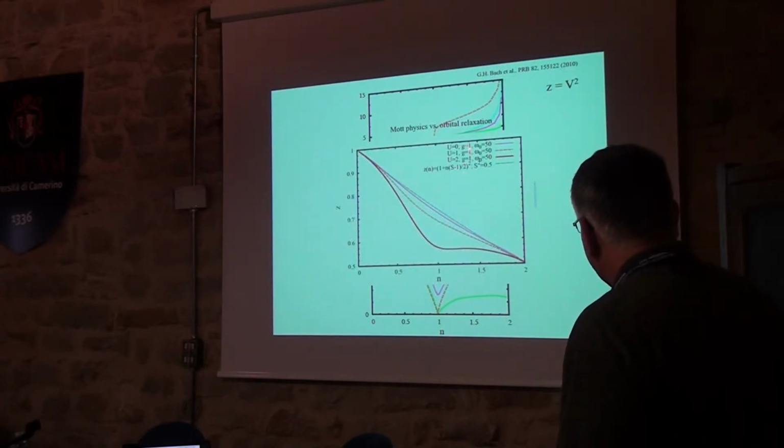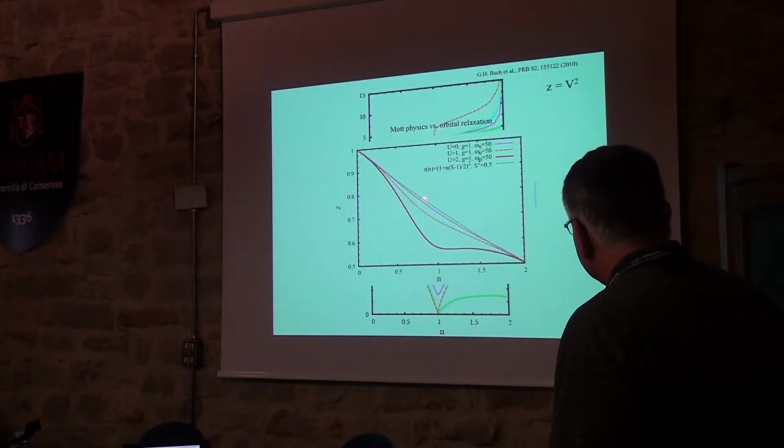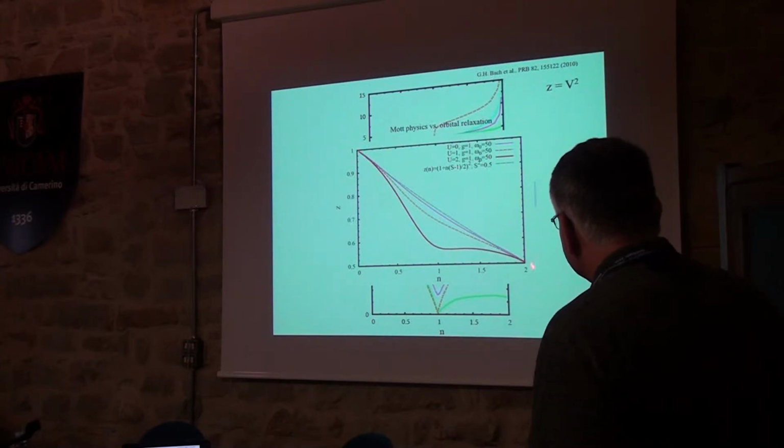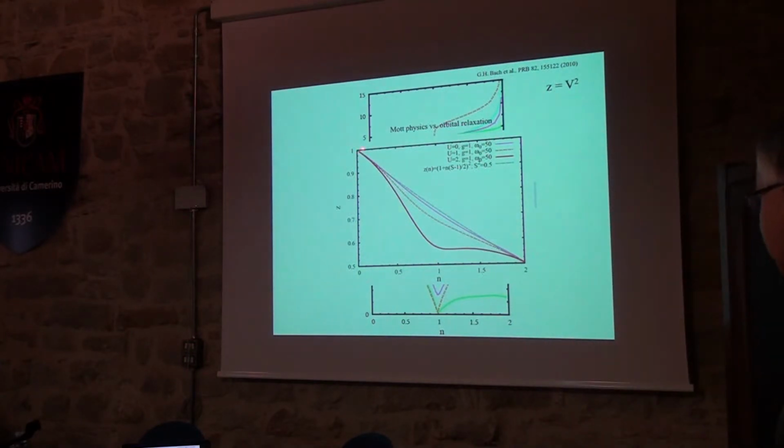When you include more moderate values in this coupling, then I've redrawn it here. One of these is an analytical result, the others just depend on the parameters. But you see that that quasi-particle weight always decreases from near unity for a few electrons to some lower value, depending on the value of the parameters, for a few holes.